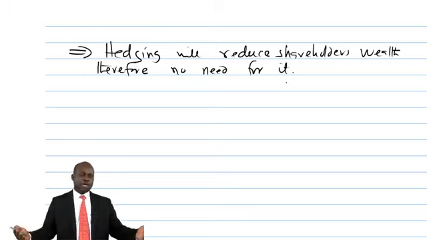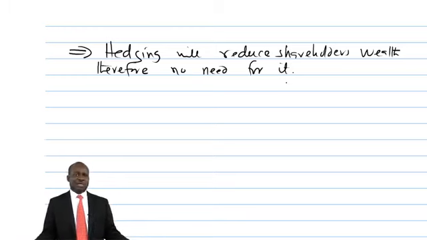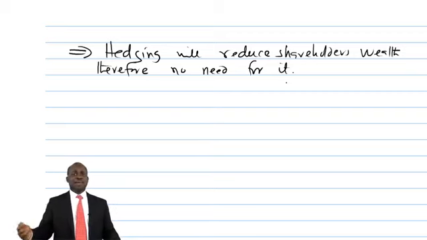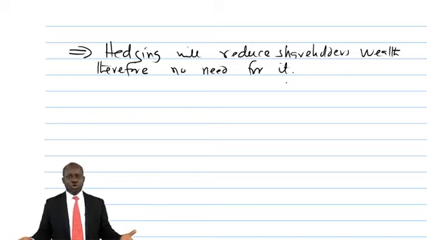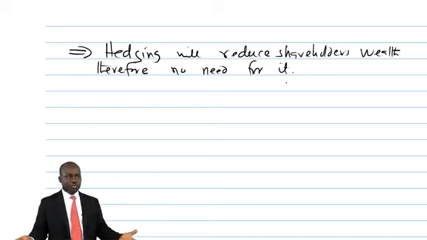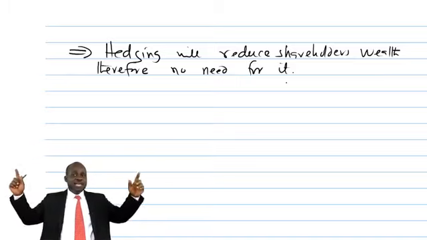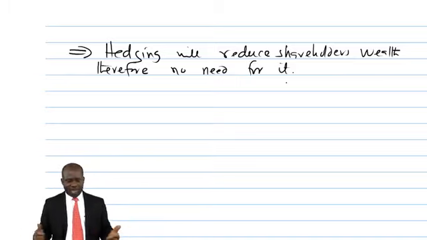It cannot be used to reduce the systematic risk, and therefore the hedging will be useless. The cost will be greater than the benefit, and shareholders' wealth automatically will be reduced. So that is what they were arguing. They were arguing, in a sense, in a perfect market.